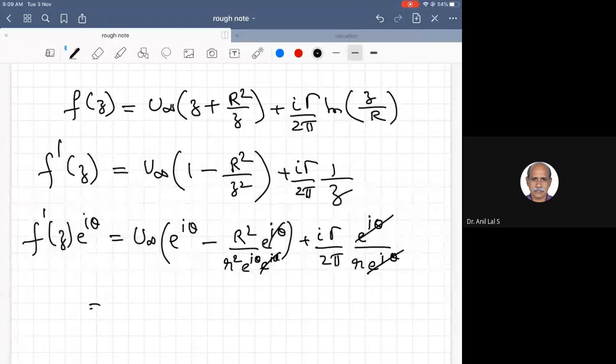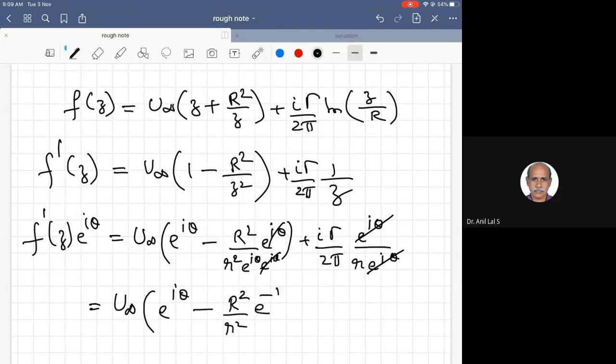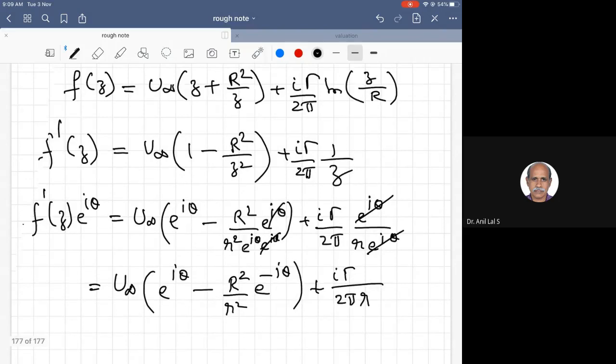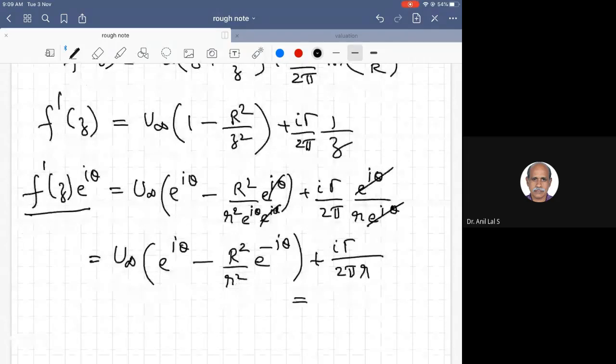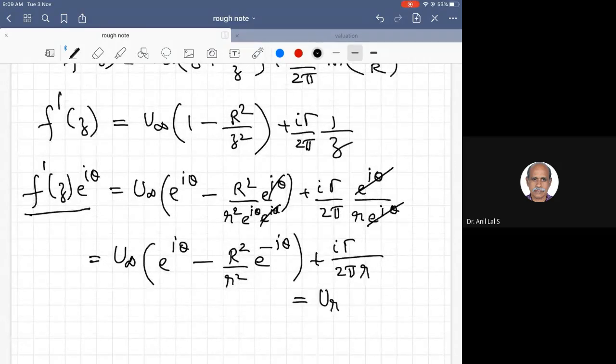So we can write u infinity e raised to i theta minus r squared by r squared e raised to minus i theta plus i gamma by 2 pi r. And this is equal to f dash e raised to i theta, and in polar coordinates the velocity is ur minus i u theta.